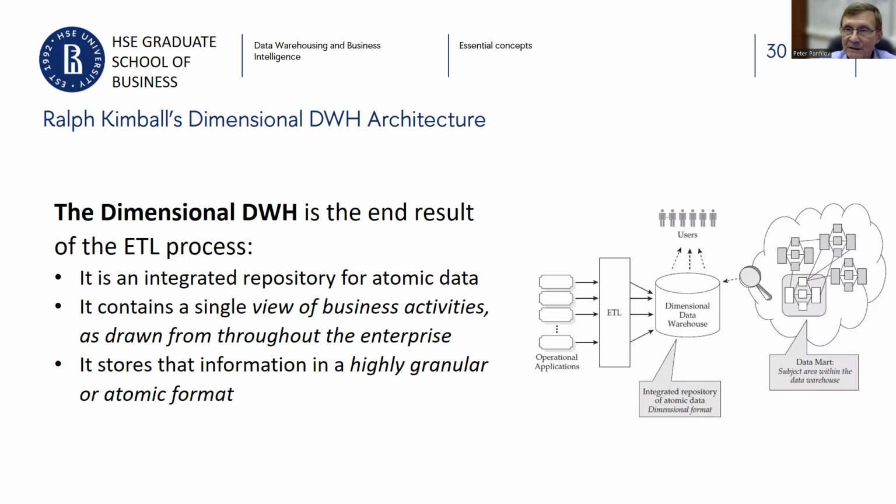Important is that it's quantitative data, data that you can measure. And those facts are in the middle of this star schema and are surrounded by what we call dimensions. Dimensions in this star schema are descriptive attributes related to the fact data in a fact table.